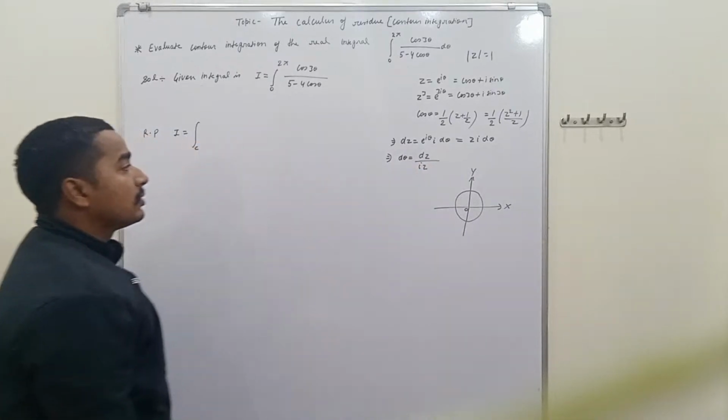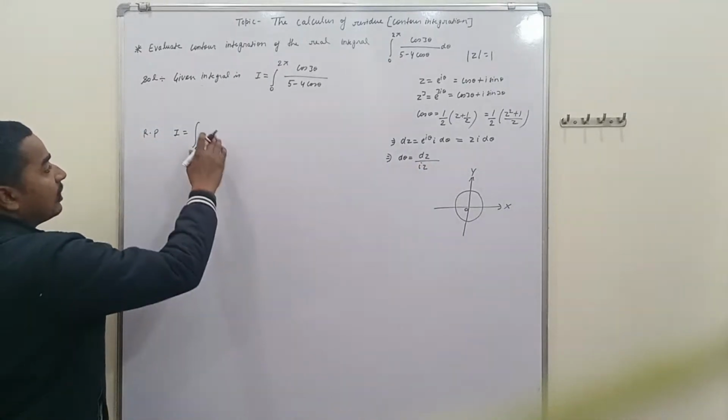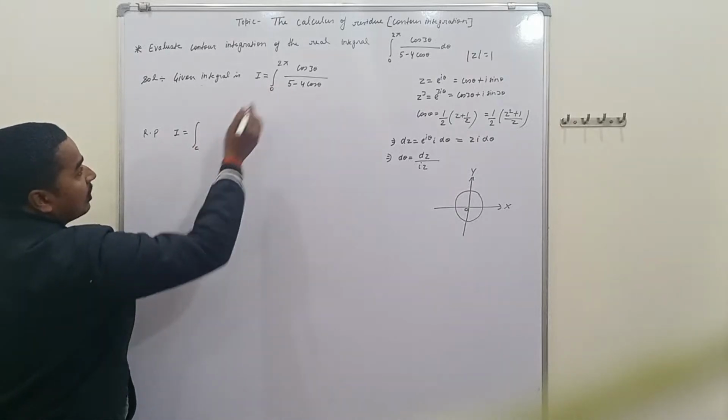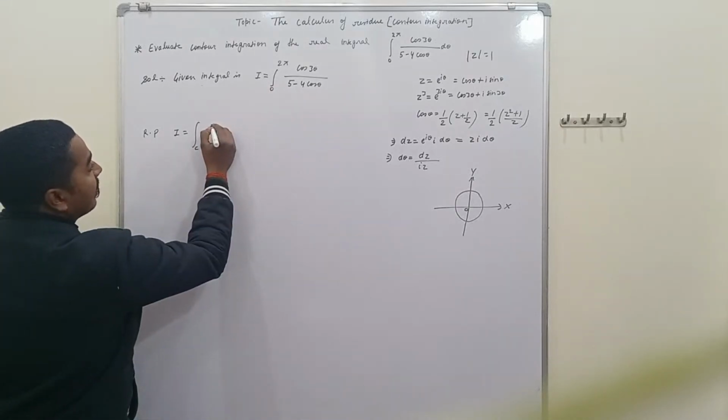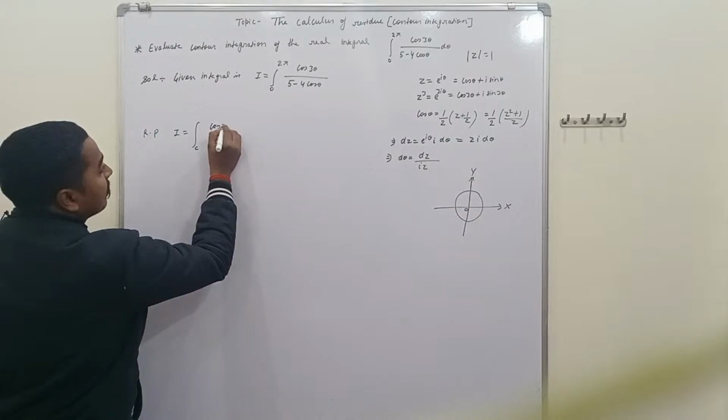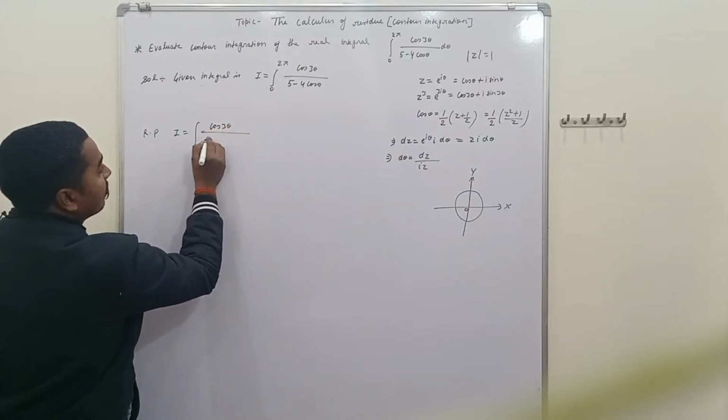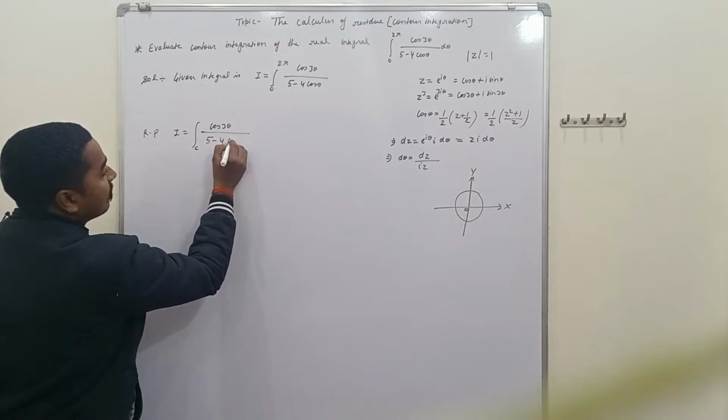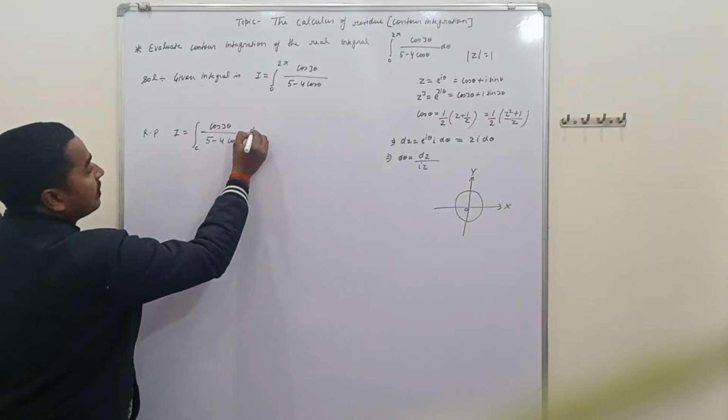We have to put the following values in the given integral, that is cos 3 theta upon 5 minus 4 cos theta and d theta.